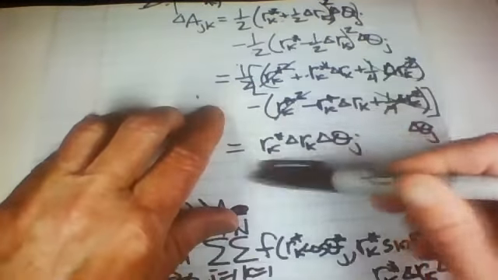So here is the area we just proved in terms of rk star, the point halfway out, the increment delta theta j, and the increment delta rk for the jk piece. All right? That's what we need to call delta a jk using this shape piece.